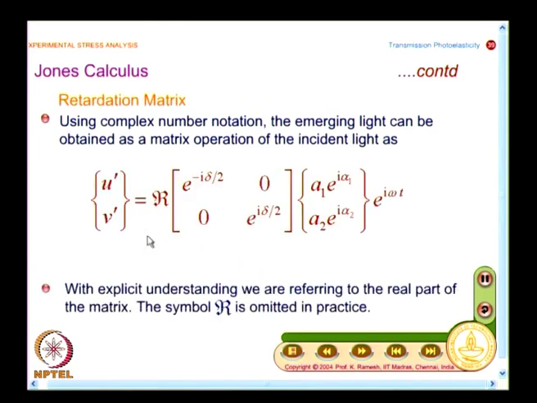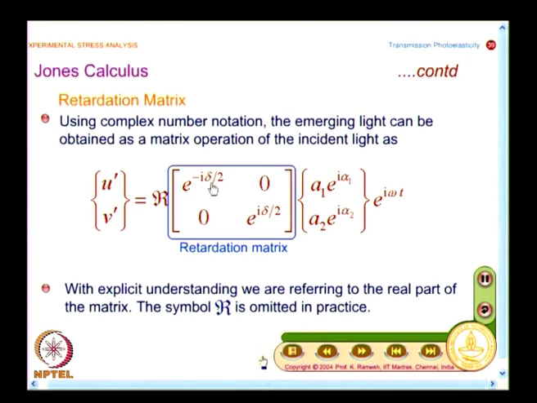So, what I have here is u prime v prime, which is equal to, we take the real part of the matrix e power minus i delta by 2, 0, 0 and e power i delta by 2. And why do I have e power minus i delta by 2 here?